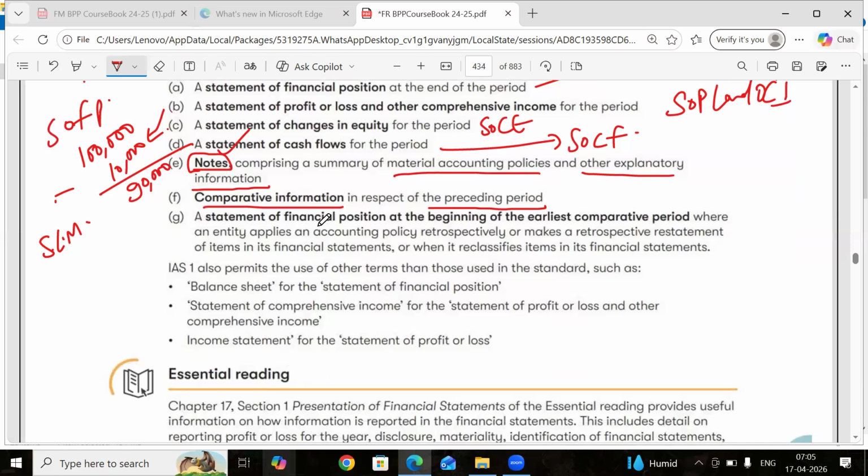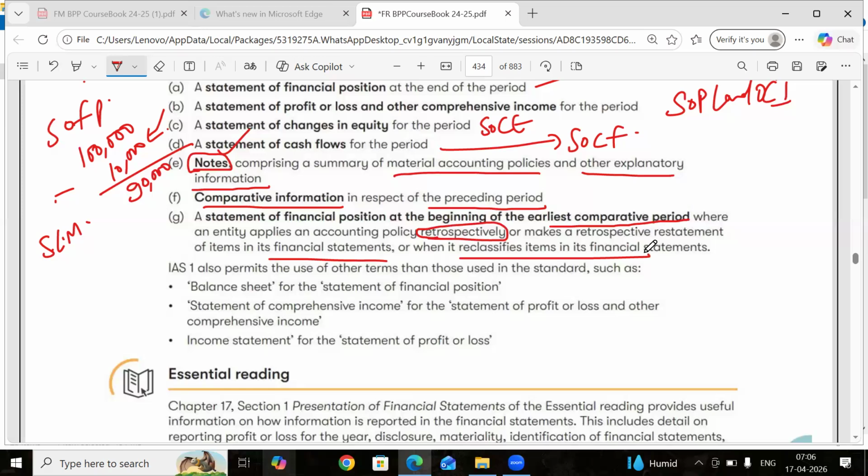A statement of financial position at the beginning of the earliest comparative period should also be there, where an entity applies an accounting policy retrospectively, makes a retrospective restatement of items in its financial statements, or reclassifies items in its financial statements. Don't worry, I'll tell you what this is. Suppose a company is looking to change its accounting policy, which it needs to mention in the footnotes.